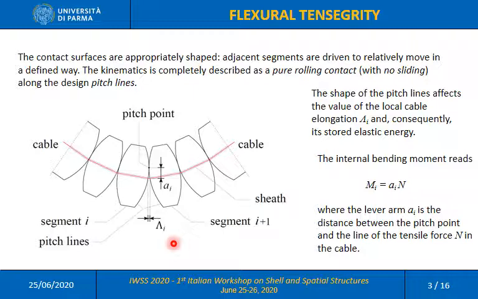The internal bending moment at the i-th cross section reads M_i equal to A_i multiplied by N, where the lever arm A_i represents the distance between the pitch point and the line of the tensile force N in the cable.